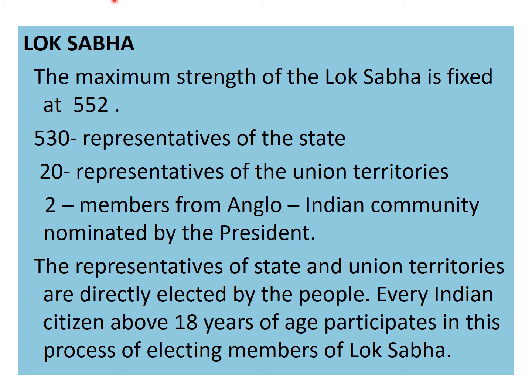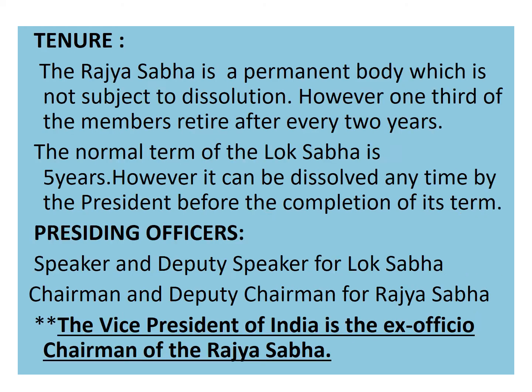So you can understand the popularity of Lok Sabha. In the case of Rajya Sabha, common people are not involved. Only those holding office in the state legislative assemblies can elect the members of Rajya Sabha. But in the case of Lok Sabha, every Indian citizen above 18 years of age can participate and elect the members.